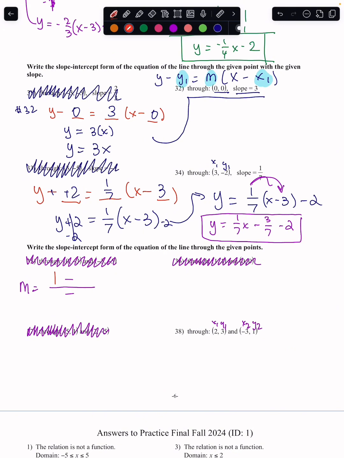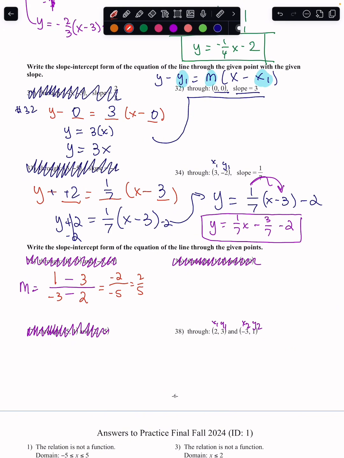Okay. And then from there, we just pick a point because we still got to use the y2. So we got to use the y minus something equals something, parenthesis x minus something else. Okay. So my y, pick a point.